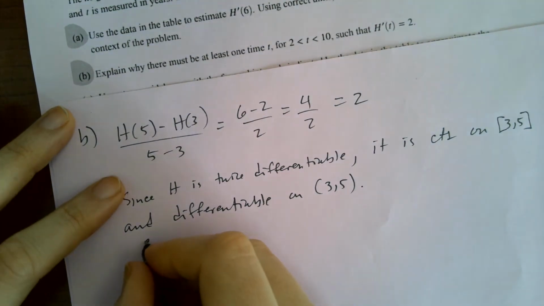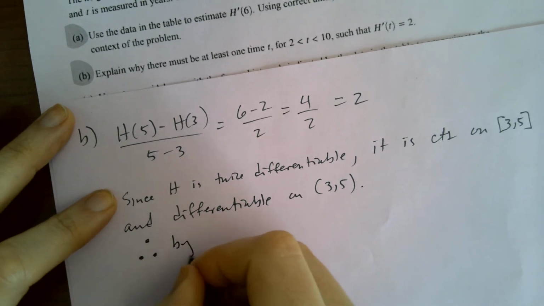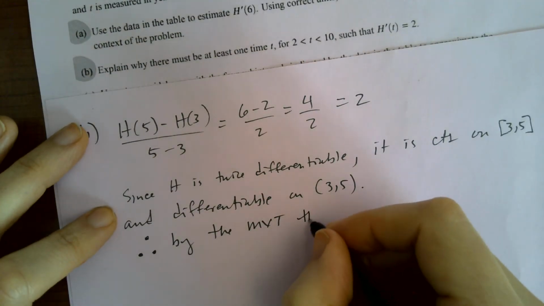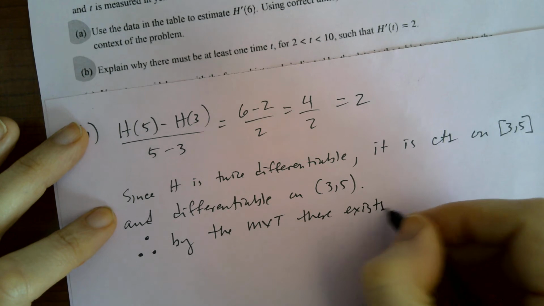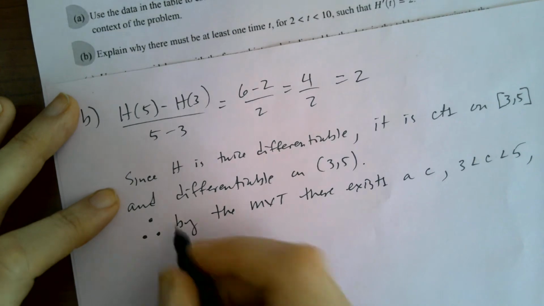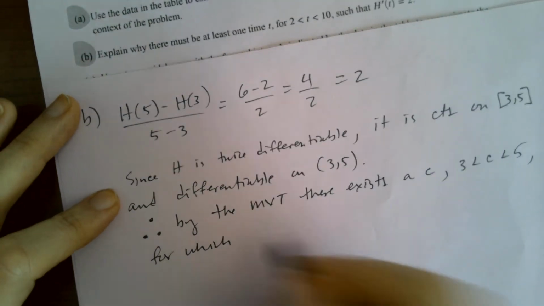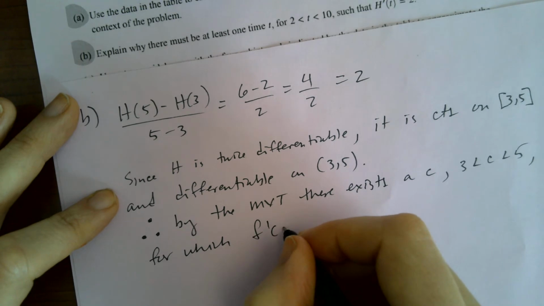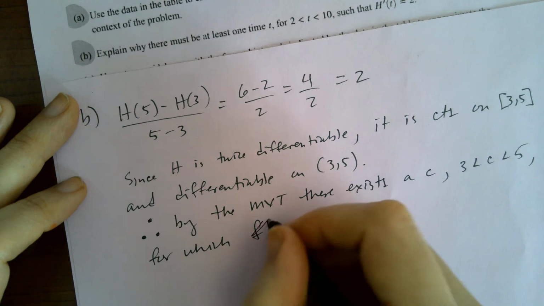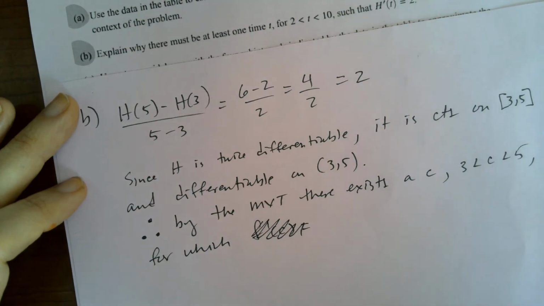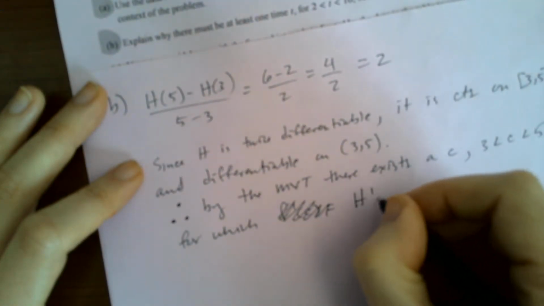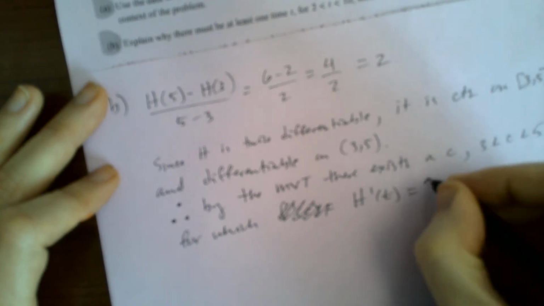And then I could say, therefore, by the mean value theorem, there exists a c for which f prime of c, shoot, it's h. Oh, I'll say t, because they want h prime of t, for which h prime of t equals 2.